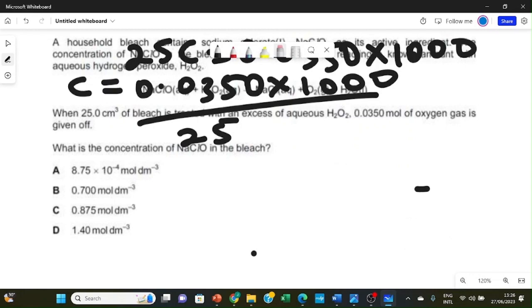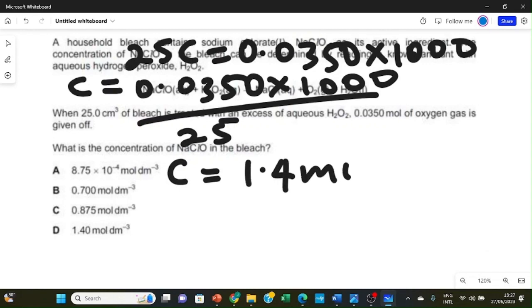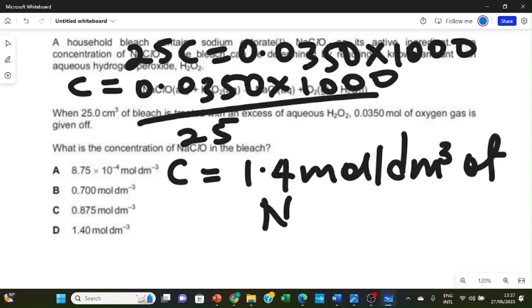So we have to calculate the concentration now of sodium chlorate(I) in the bleach. Concentration will be equal to, I have to use my calculator, 0.0350 times 1000 divided by 25. So you now have 1.4 mole per dm³ of NaClO, which is sodium chlorate(I).